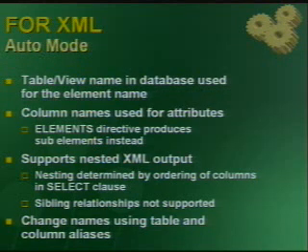If you subscribe to the point of view that data in XML should be represented in sub-elements, so if I have an order and I have order IDs and amounts, and I subscribe to the point of view that those should be sub-elements of that order element, you can also do that with the elements directive. So we aren't religious about how we produce our XML. You can produce attribute-centric or element-centric.